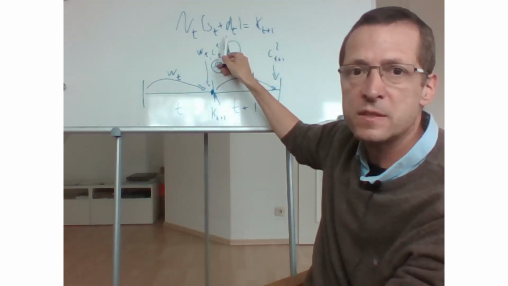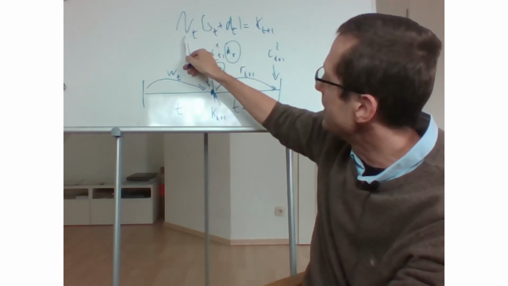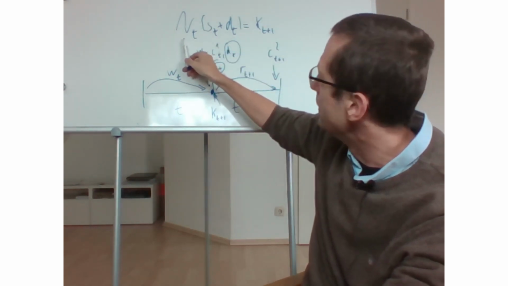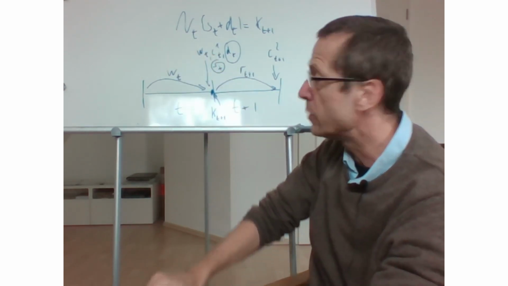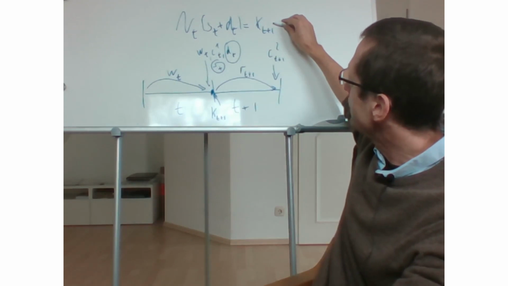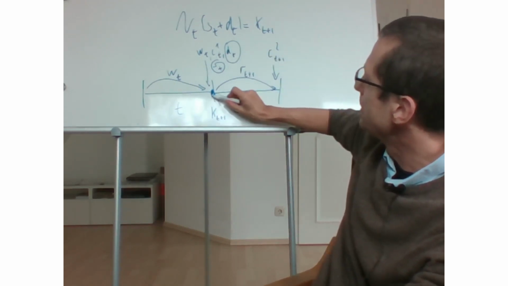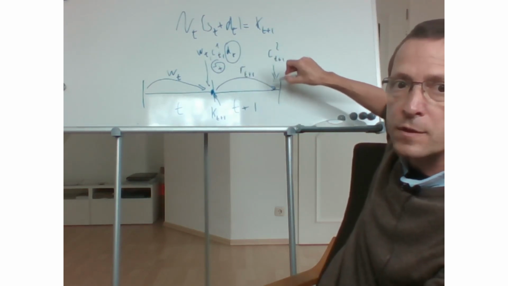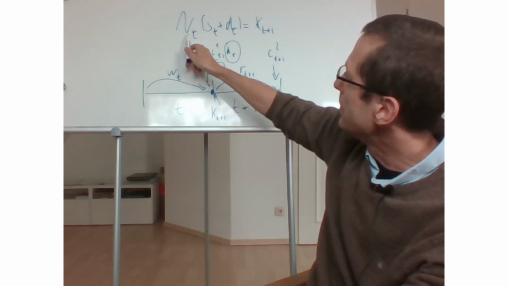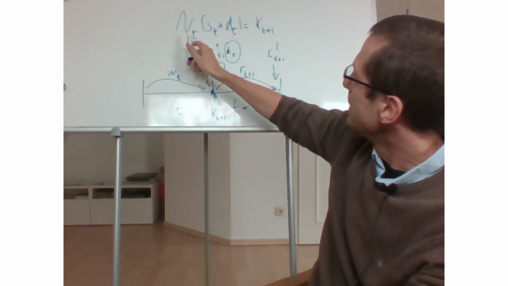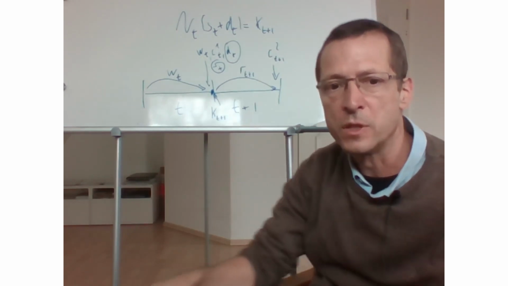So end of period t savings, both private plus public, times the number of people who save, the young people, NT is the size of the young population, must be equal to the aggregate capital stock KT plus 1 at the beginning of period t plus 1, which we use to produce output over the whole period t plus 1. And if we divide this equation by the number of young people, NT, we get to the capital market equilibrium condition.